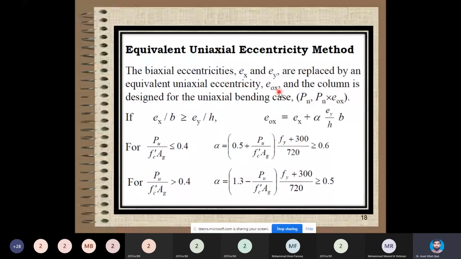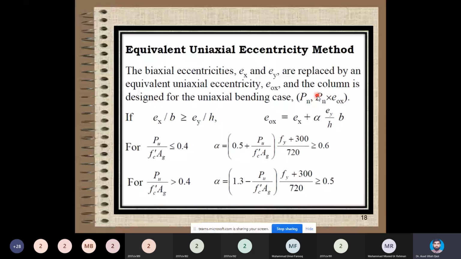Then this equivalent uniaxial eccentricity will be multiplied with the same given axial force, which is Pn, and you will get, I would say, a hypothetical moment on the column, which will be a little exaggerated, a little higher than the individual moments about the x or y axis. So now you are actually designing the column for the ultimate load, or the given load, and the moment which has been calculated by using equivalent uniaxial eccentricity.